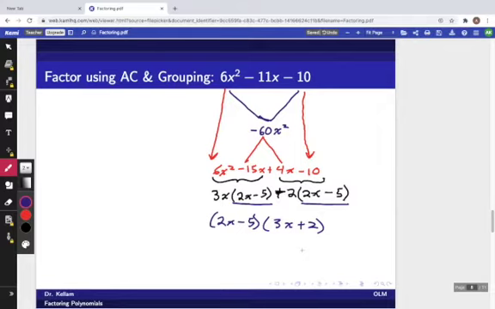So another way of organizing to figure out what these two numbers are, you might see some people put something like this, and in this form they would write AC here and they would write B here. So our AC would be negative 60, our B would be negative 11, and then we would have negative 15 times 4.